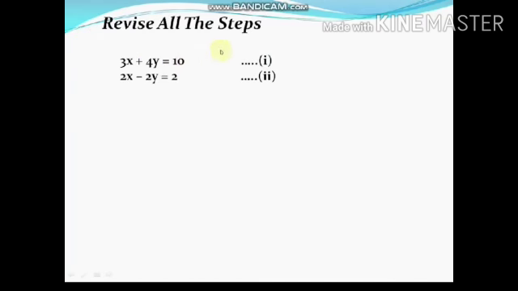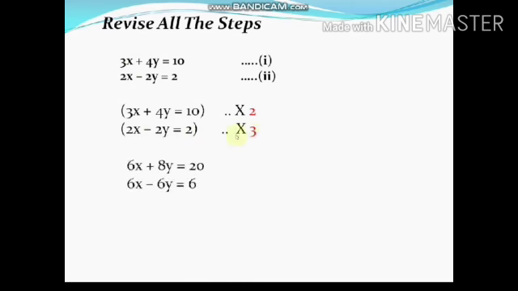Let's revise all the steps for this pair of linear equation. Here you can easily see the coefficient of x is 3 and in second equation the coefficient of x is 2. So we will multiply first equation by 2 and second equation by 3. And then we will get 6x plus 8y equal 20, 6x minus 6y equal 6.